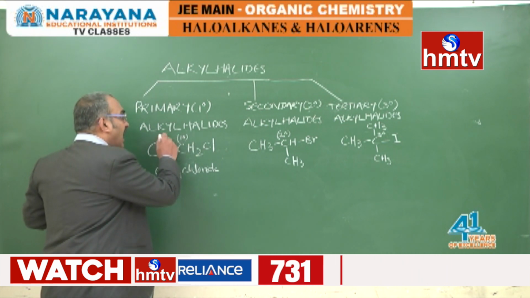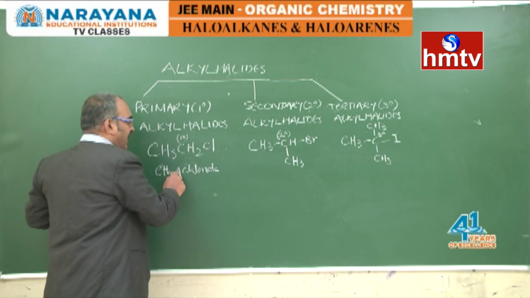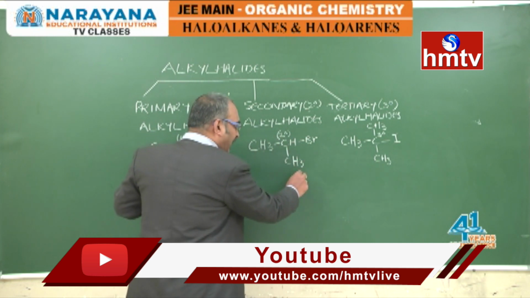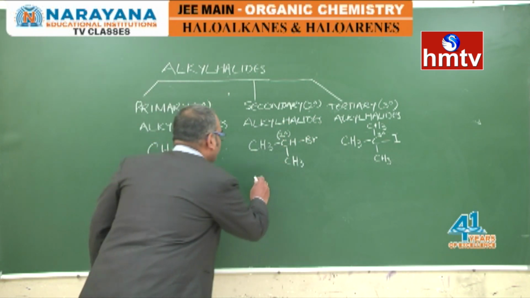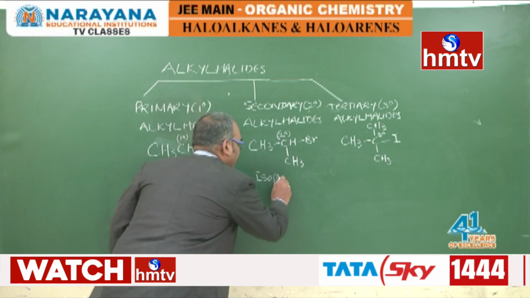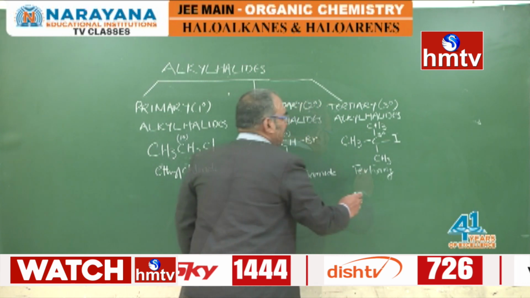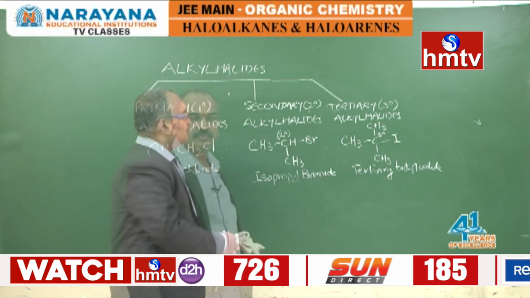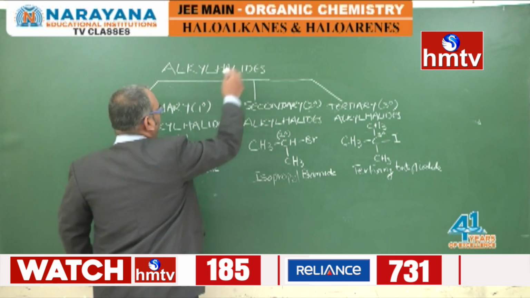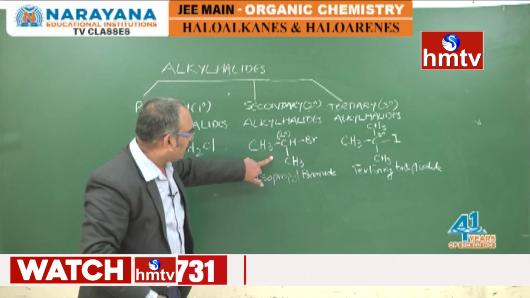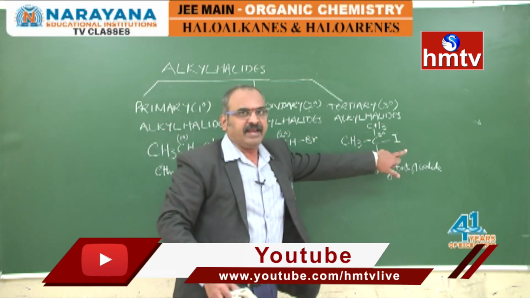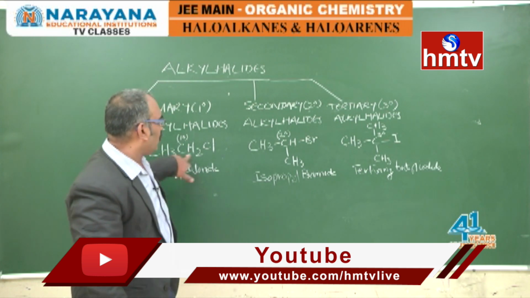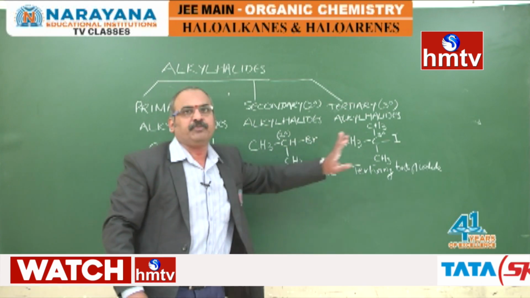Alkyl part followed by halide part: the alkyl group is ethyl and the halide is chloride, so ethyl chloride; isopropyl bromide; tertiary butyl iodide.